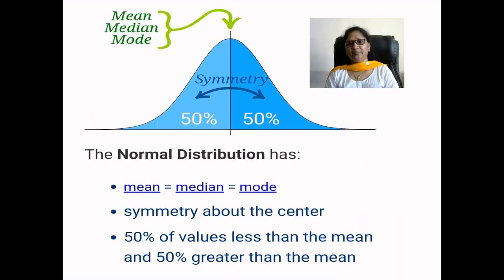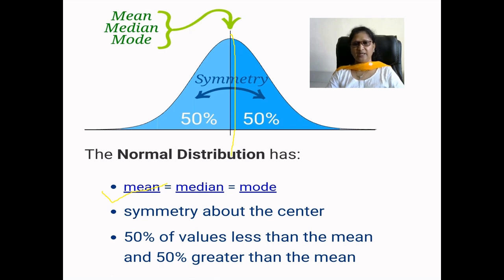The next interesting term to learn is normal distribution. You must have heard this in statistics. It is very often used to describe a distribution where mean, median and mode are the same. When we say the distribution is normal, then mean, median and mode are equal, and there is a symmetry at the center.